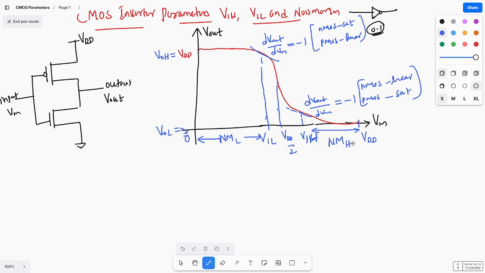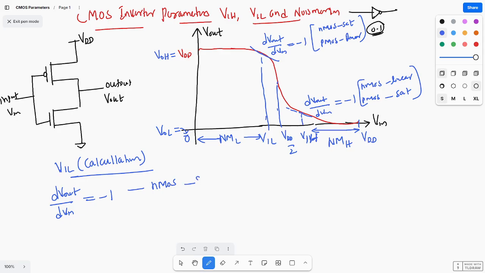Let's see the VIL calculation. Here dVout by dVin equals -1. In this, NMOS will be in saturation region and PMOS will be in linear region.